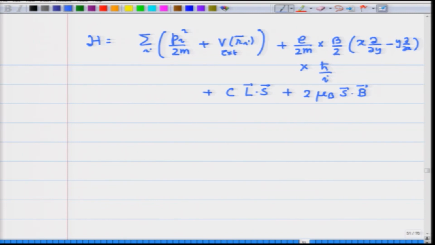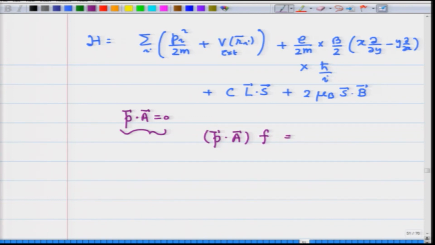Now, a slight correction here. When I took P dot A equal to 0 in my previous calculation, what I should be doing is, when I write this P in the operator form, I have to write P dot A acting on whatever function f.